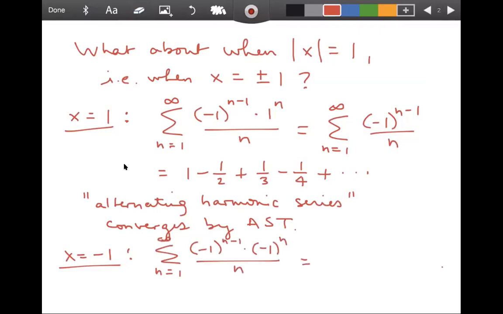Well, -1 to the n minus 1 times -1 to the n is -1 to the 2n minus 1. And what's special about 2n minus 1 is that it's always odd, right? So if you raise -1 to an odd power, you just get -1 all the time.